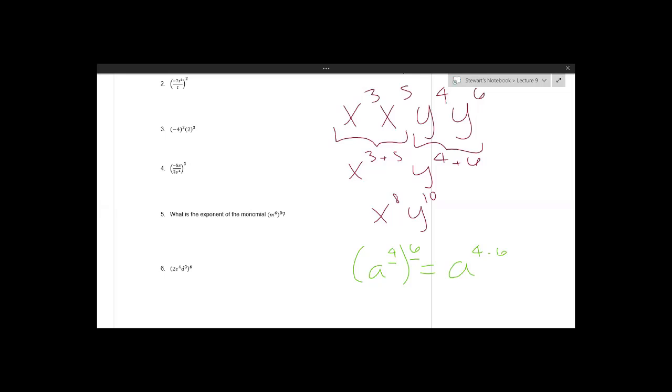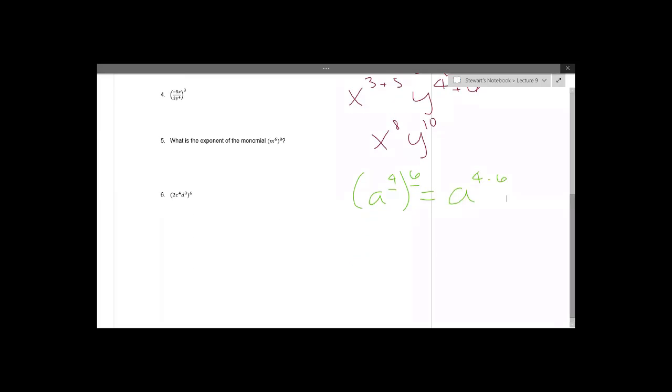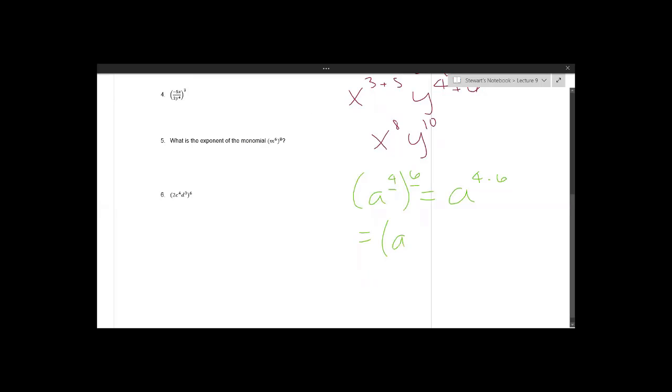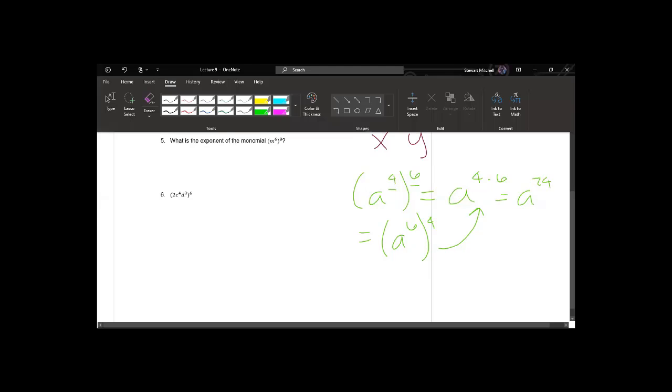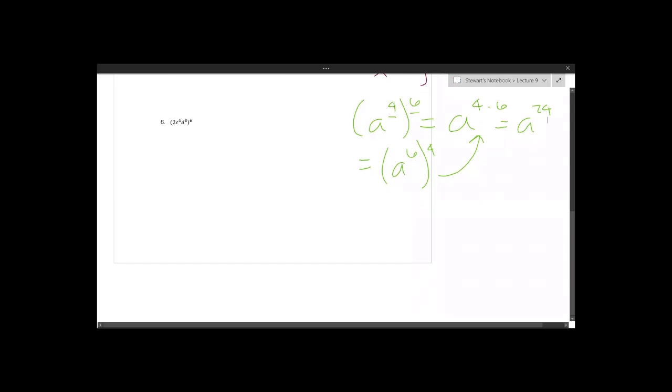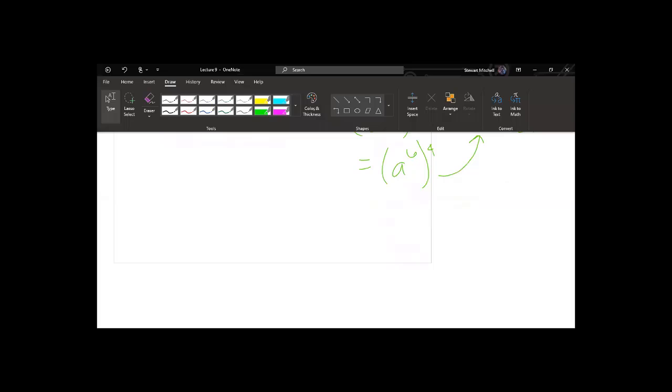Since multiplication is commutative, you can switch the order and represent it as a to the 6th raised to the 4th power. It's the same. You're still going to get a to the 24th. So that's how you handle two exponents connected for the same variable via parentheses. You multiply them together.